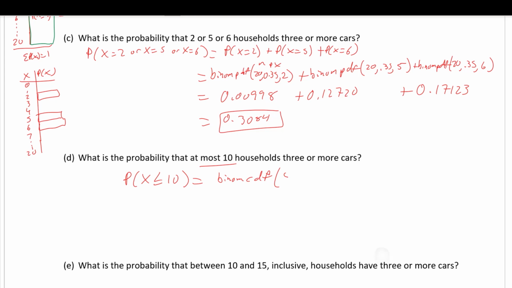That's 20. Again, your N and P don't change throughout the problem. Your P is 0.35, right? Your X here is 10. You punch that into your calculator, you're going to get 0.9468.